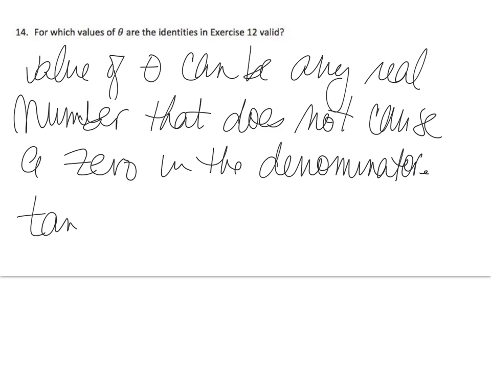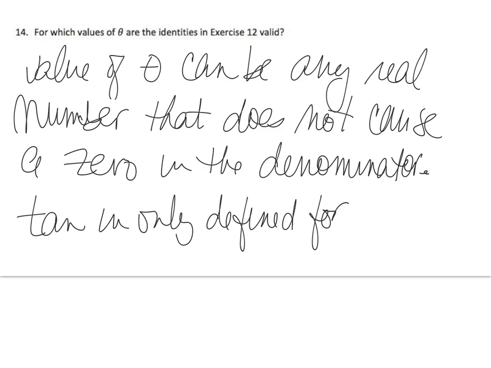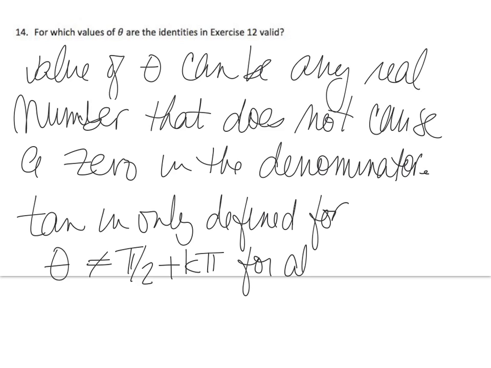The tangent function is only defined, and we've said this a few times now, for theta cannot equal pi over 2 plus k pi, for all integers k. We've said that quite a few times, though.